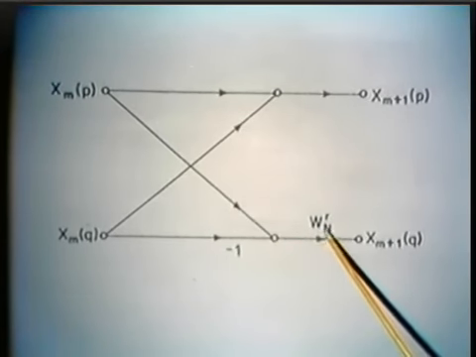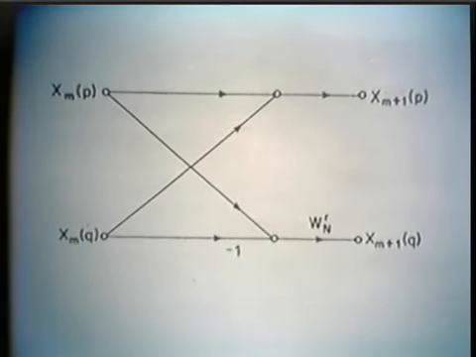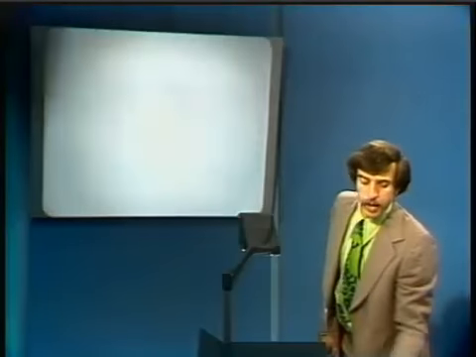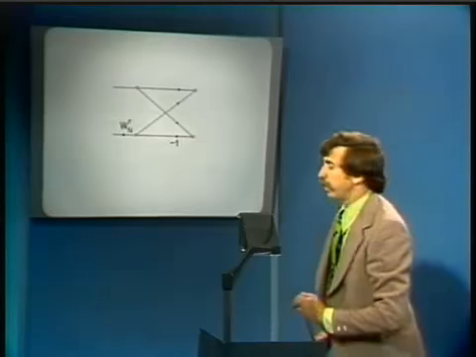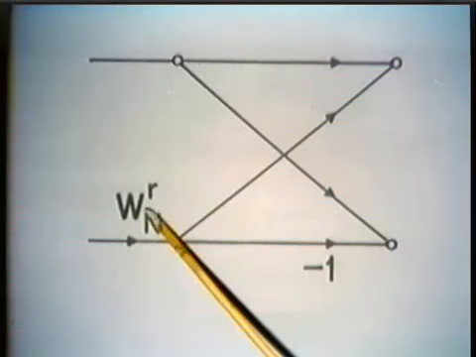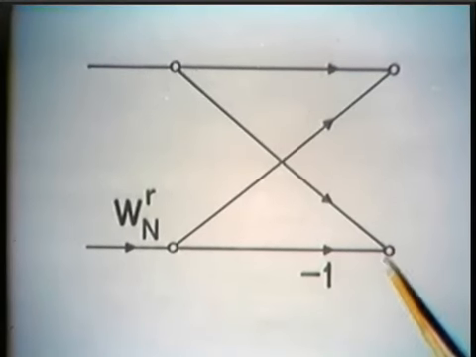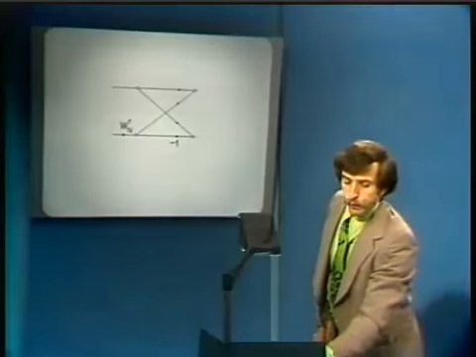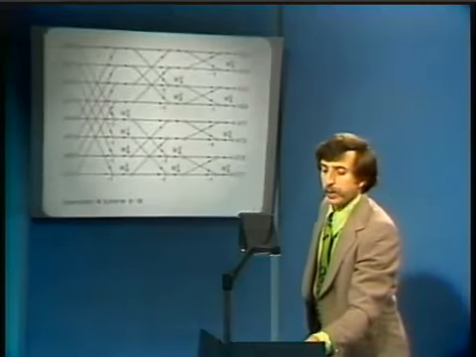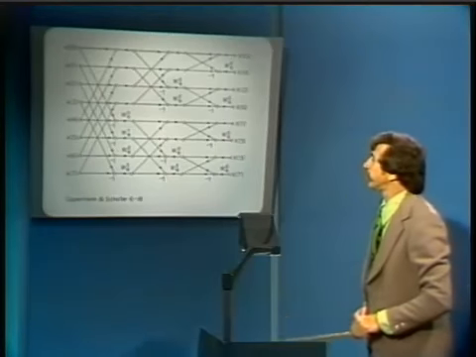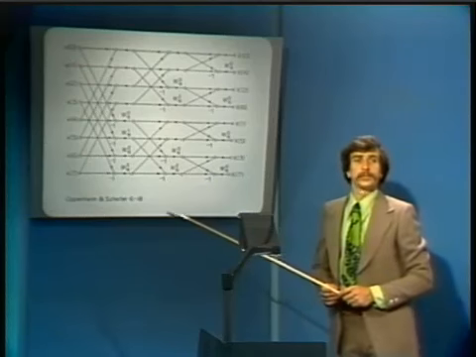And the multiplication by powers of W is implemented on the output of the butterfly. Whereas for the decimation in time form of the algorithm, the multiplication by a power of W was implemented at the input to the butterfly, followed by an addition and subtraction. So, in fact, the decimation in frequency form of the algorithm, as we've just developed it, is somewhat different than the decimation in time form of the algorithm.